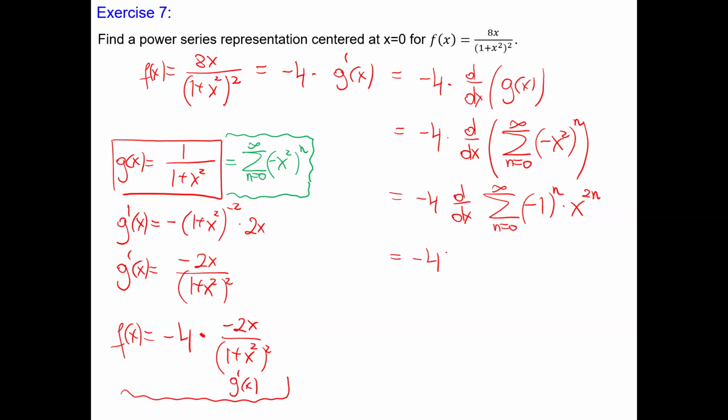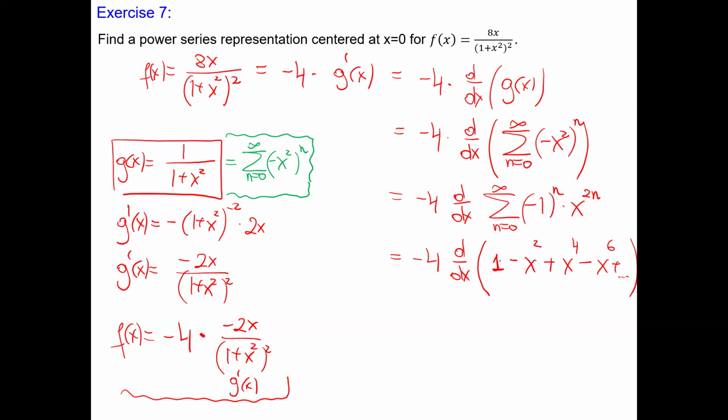Actually, let's expand this. The first term is 1. Then the second term is negative, when n is 1, this will be 2. Then when n is 2, this will be 4. Then n is 3, this will be negative 6, and so on.